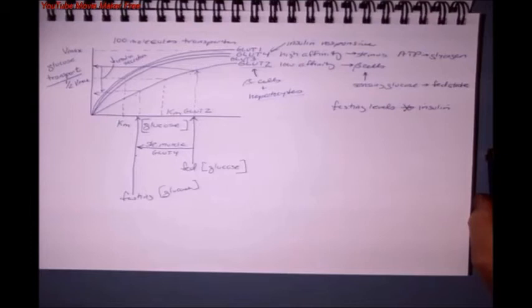But now let's say out to here you've got 10,000 molecules of glucose and still only 100 molecules of transporter. That's as fast as that transporter can go because you've saturated them all. So remember what that's called? Vmax. Ooh, nice. That's Vmax. It's the maximum velocity that these transporters can transport anything.